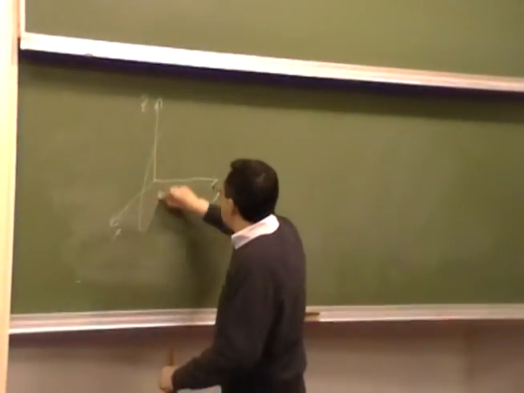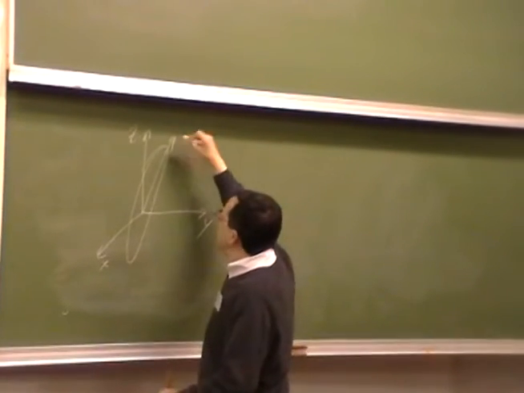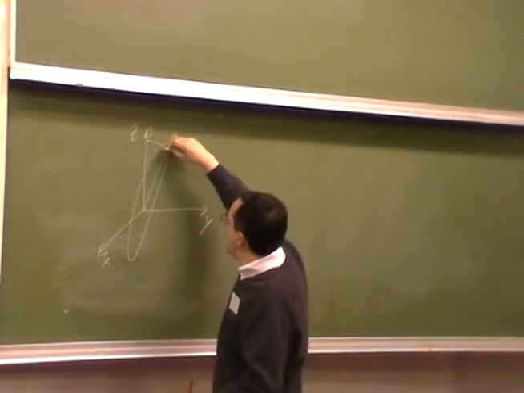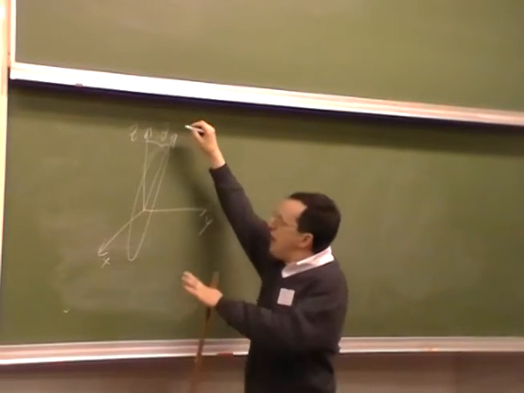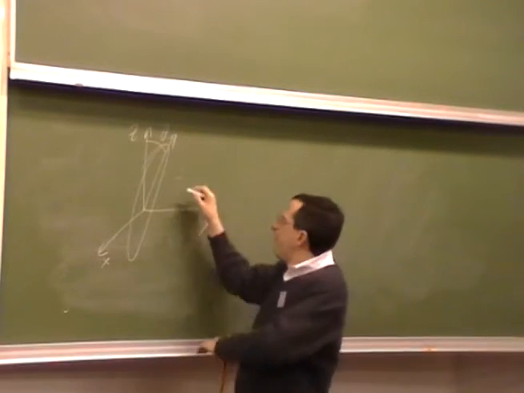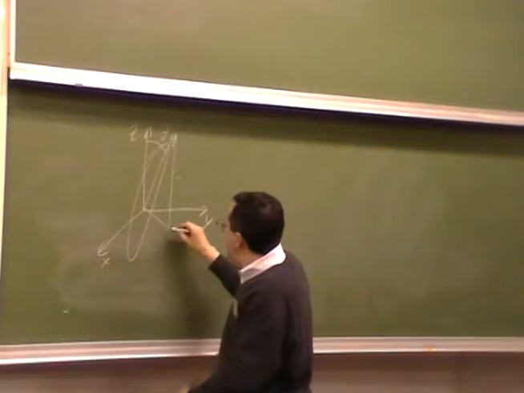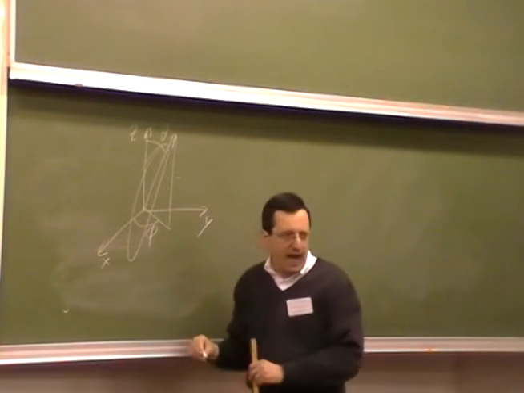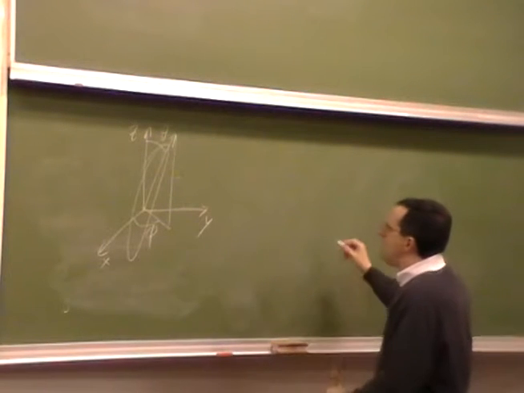So here is a molecule like this, okay, with some orientation with a polar angle theta and an azimuthal angle phi, okay?